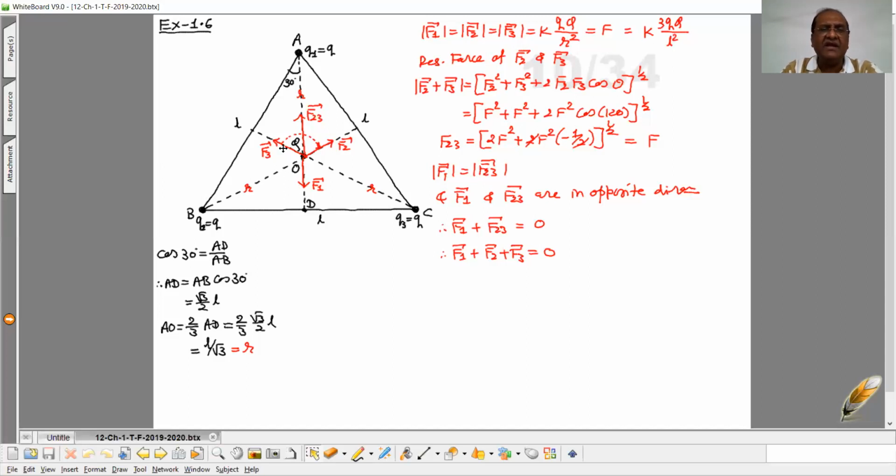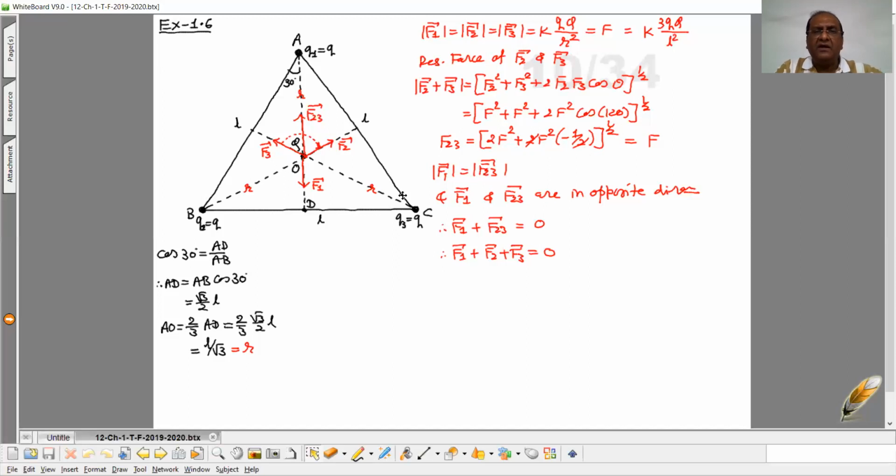But theta, the angle between F2 and F3, is 120 degrees. From the figure we can understand, because all these forces are repulsive, the forces will be in the directions as shown in this figure. Now the resultant of 2 and 3 is under root of F square plus F square plus 2F square into cos 120, that is minus 1 by 2, raised to 1 by 2. So the resultant will be equal to F.